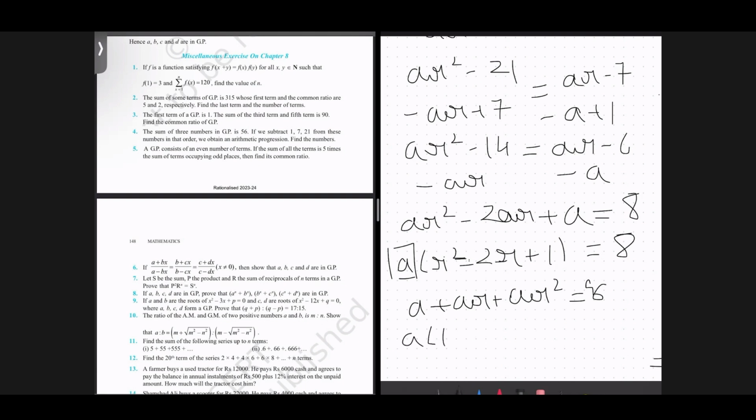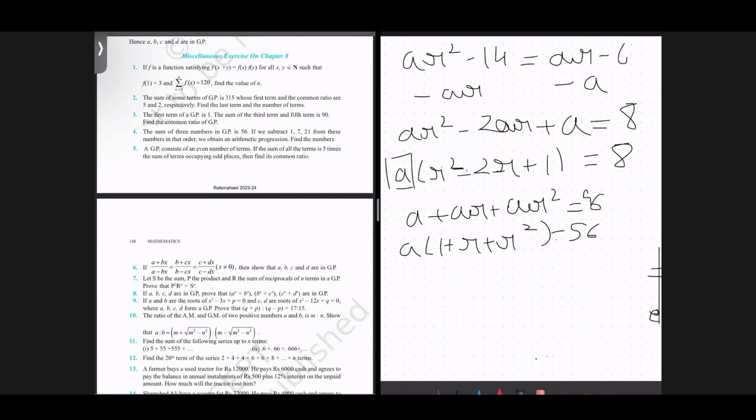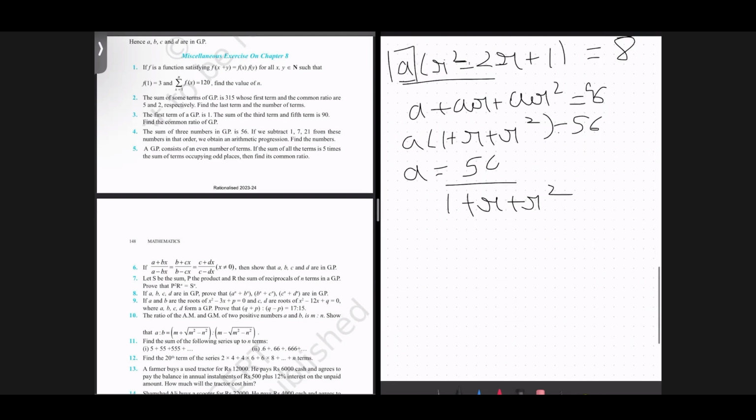So take A out common, so 1 plus R plus R square equals 56. What you are left with is A equals 56 upon 1 plus R plus R square. Plug in the value of A into this equation right here, and let's see what we get.